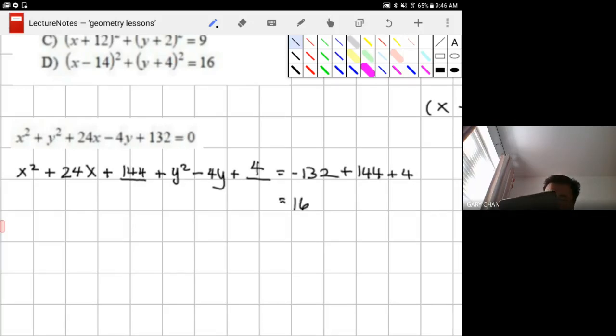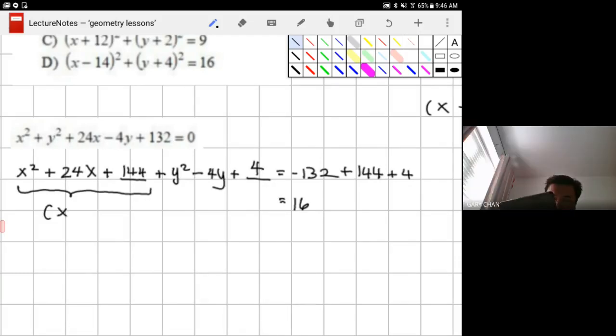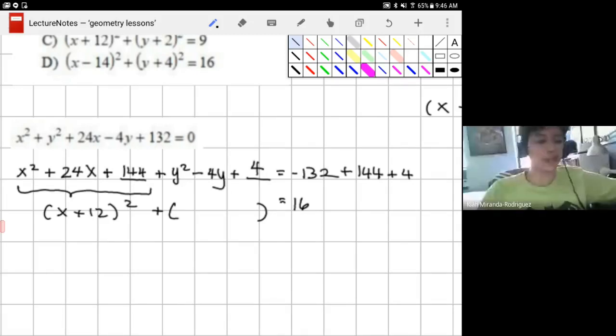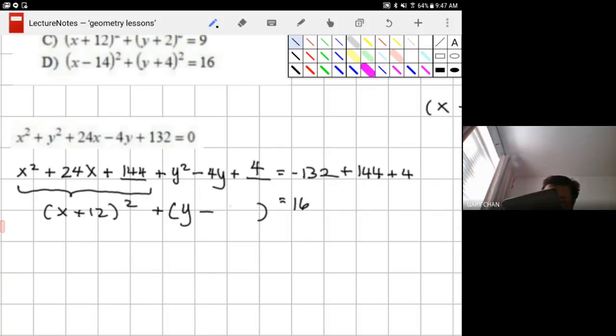And then I have the left half, right? Michael, you are so good at this. What will that turn into? x plus 12 squared. Love that. Kian, what would the right side of the left half turn into? y minus 2, quantity squared.